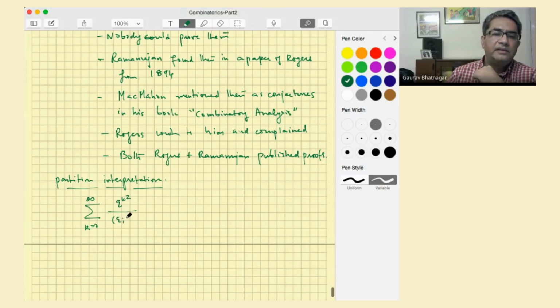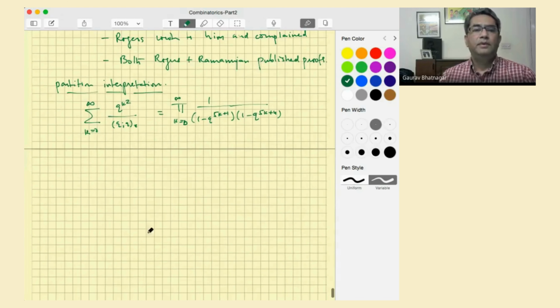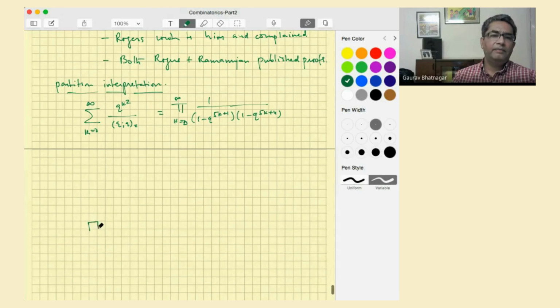So this, let me just do the first guy first. Okay, so this k square you generate using 1 plus 3 plus 5, and so on.